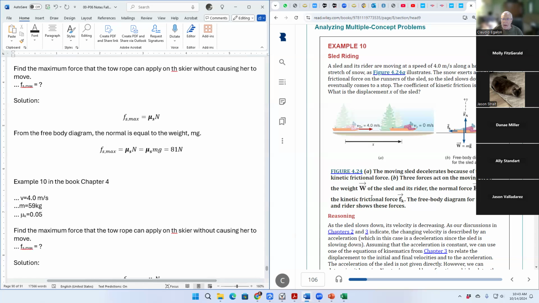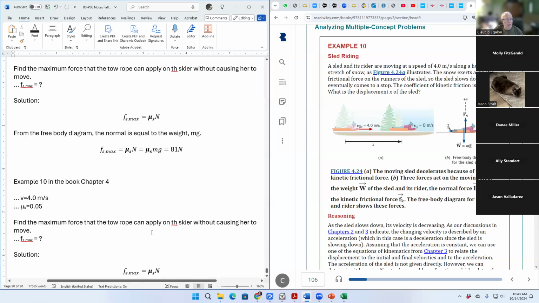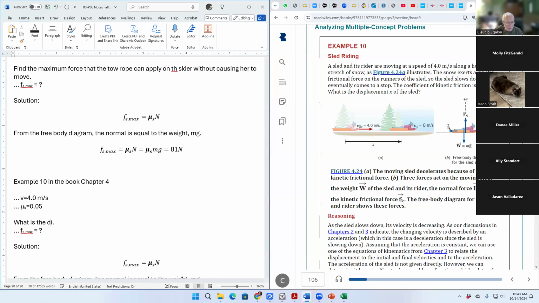Okay. The sled and its rider are moving at the speed. What is the displacement of the sled?